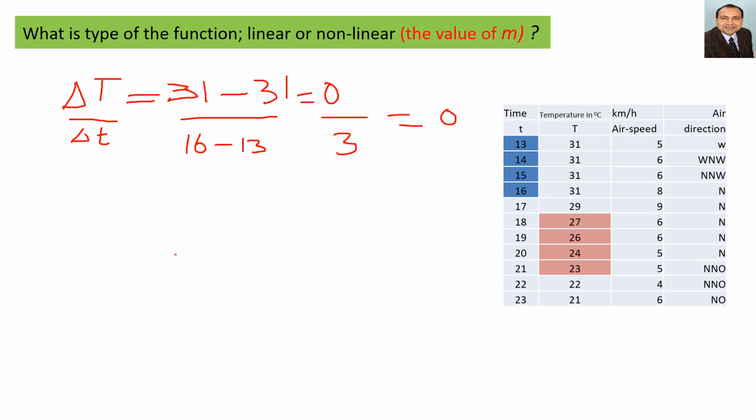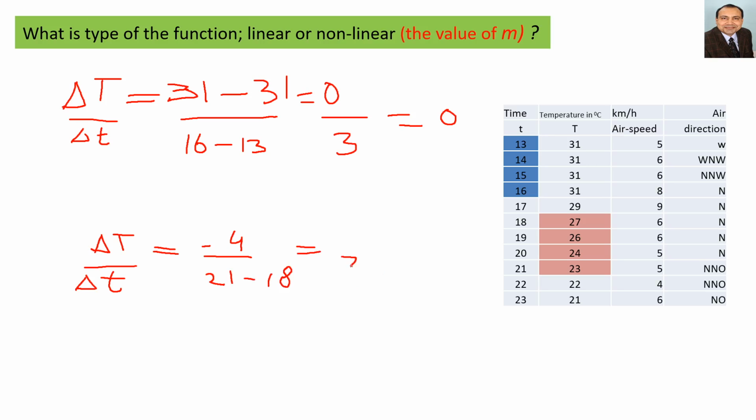On this interval, the change in temperature delta T is 27 minus 23, the last temperature being 23. So it is cooler, so you can write -4, from this point till here, and the change in time is 21 minus 18.